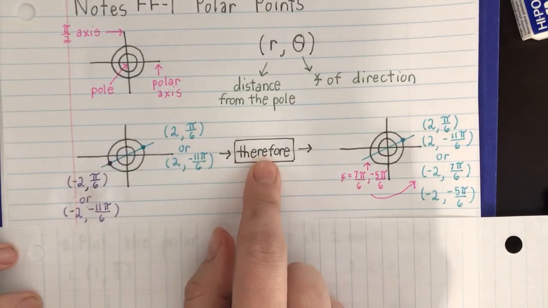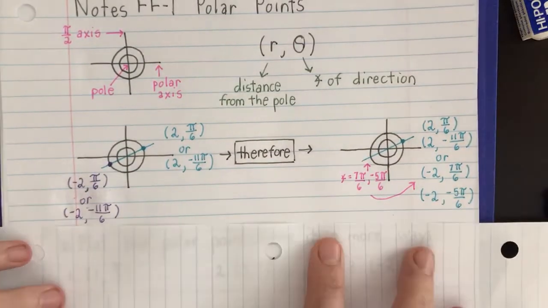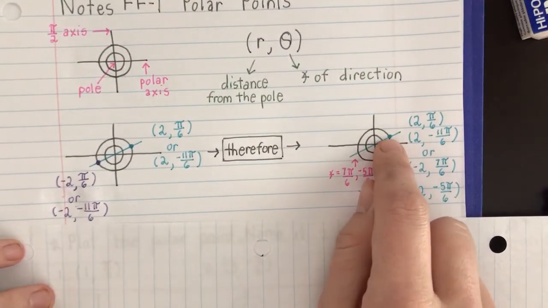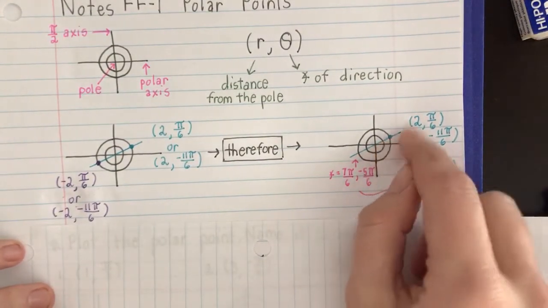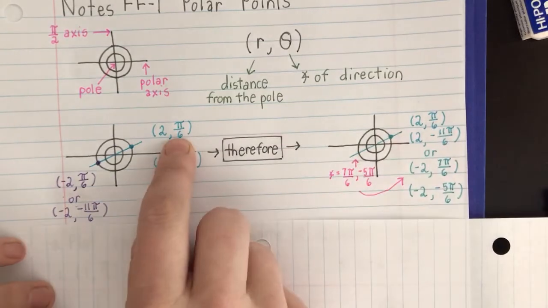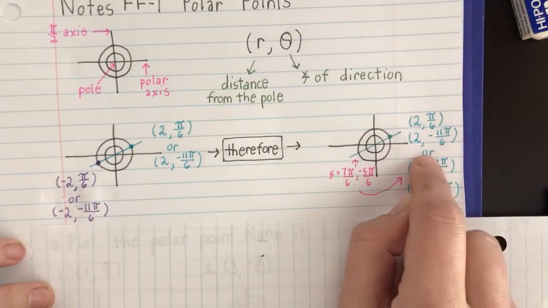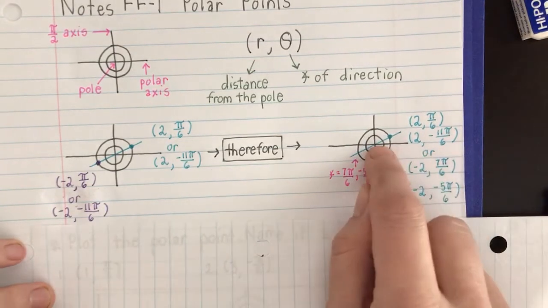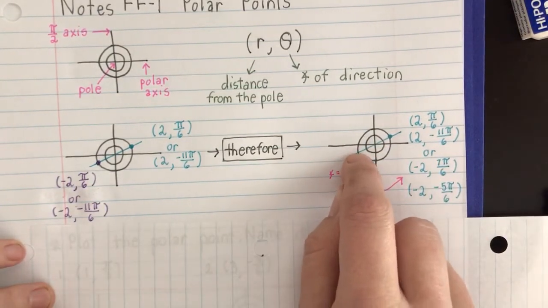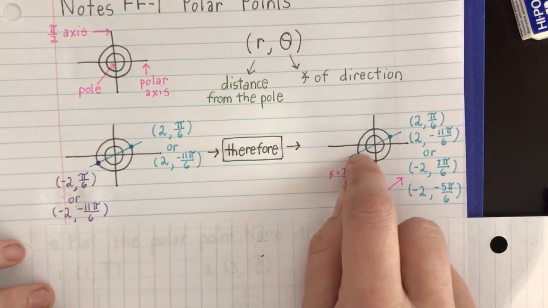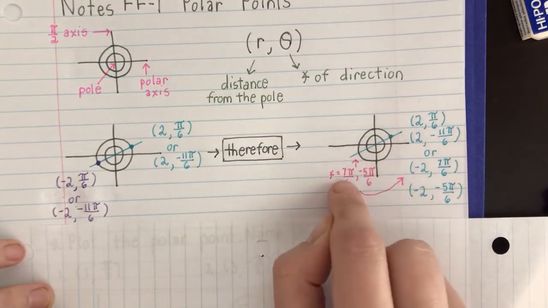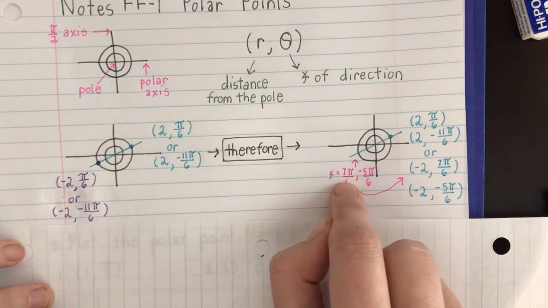Okay, therefore, this is really intriguing. This point here can be written as 2 comma pi over 6, like we talked about, 2 comma negative 11 pi over 6 because of going backwards, or, interestingly, since this point here, if we were to write this as the original point, this could also be considered 2 comma 7 pi over 6.